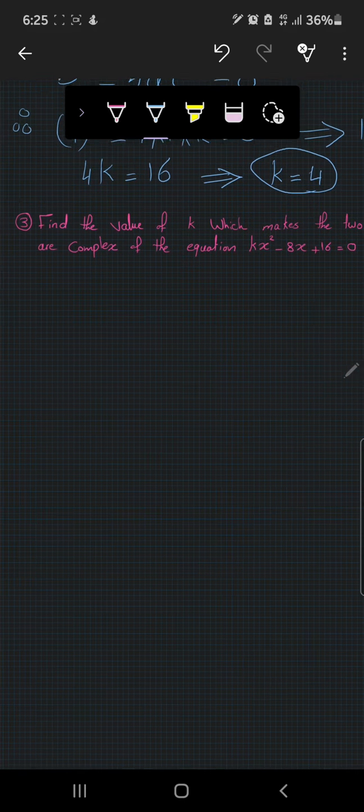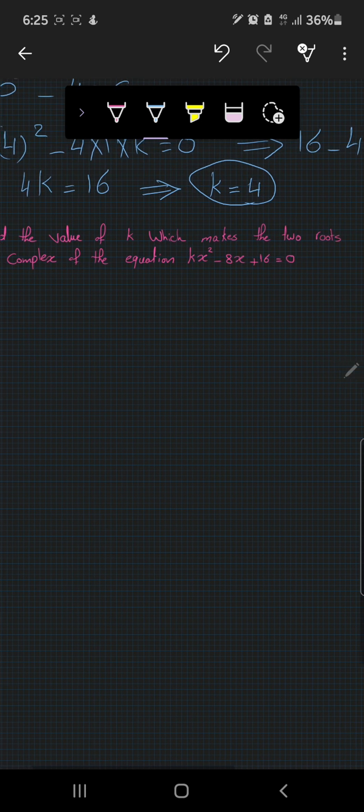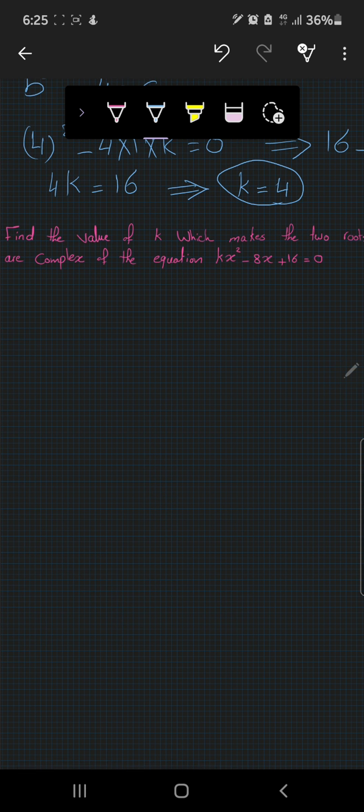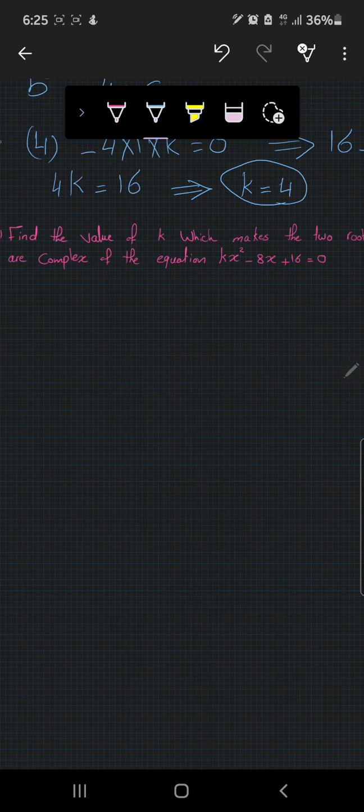Another example. Find the value of k which makes the two roots of the equation complex. If the two roots are complex, then the discriminant is less than 0.